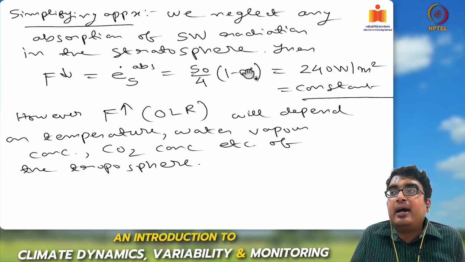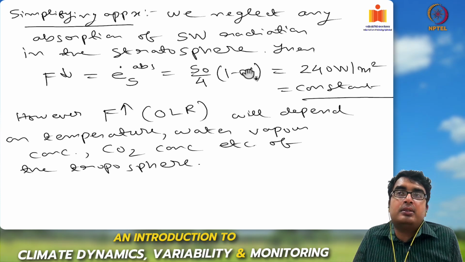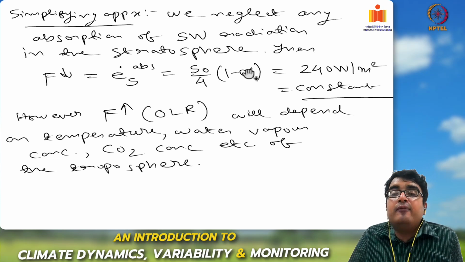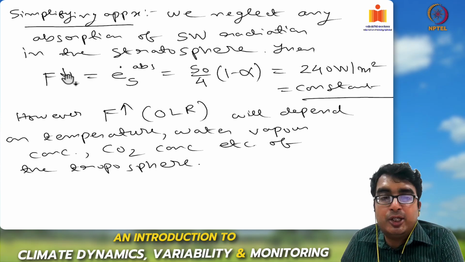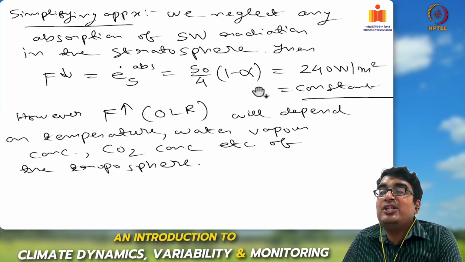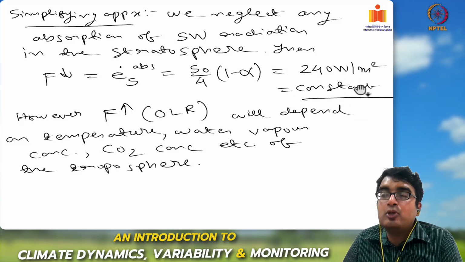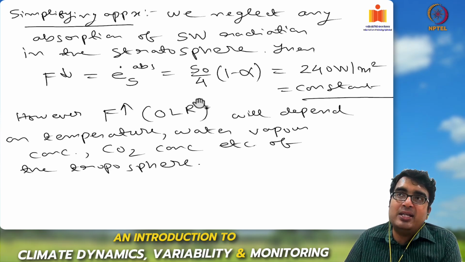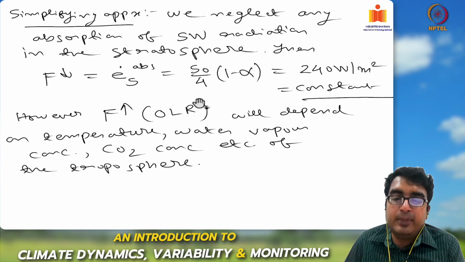When we are looking at changes in the albedo due to presence of soot particles, dust particles in the atmosphere or in the land surface, then we will also have to consider the downward absorbed short wave radiation to be a function of this changing alpha. But here we are taking the albedo to be constant, and we are just looking at how the outgoing long wave radiation is getting changed due to change in the greenhouse gas concentrations, like say CO2 emissions or methane emissions.